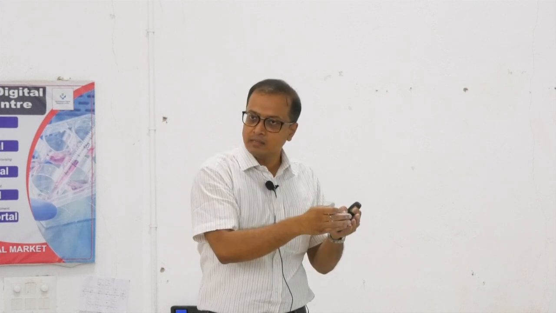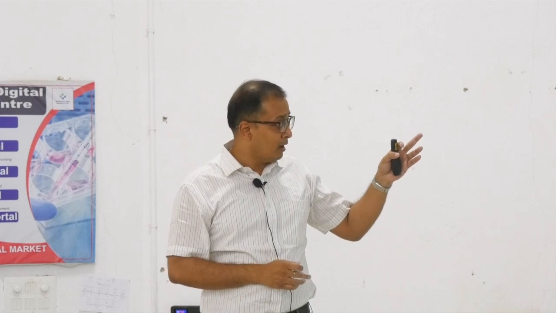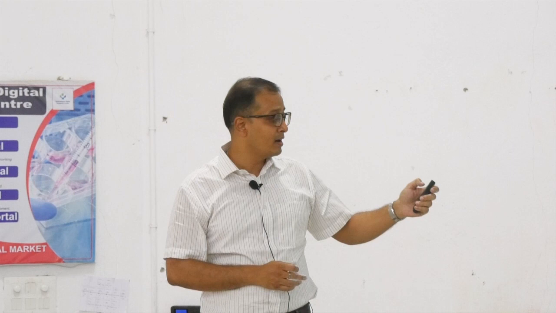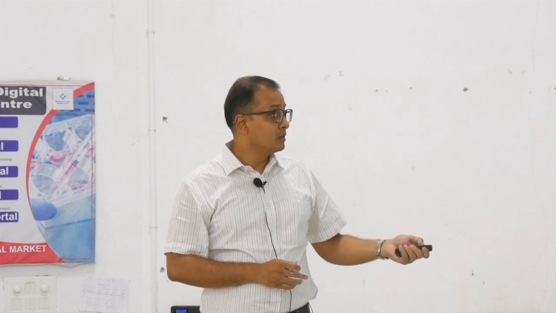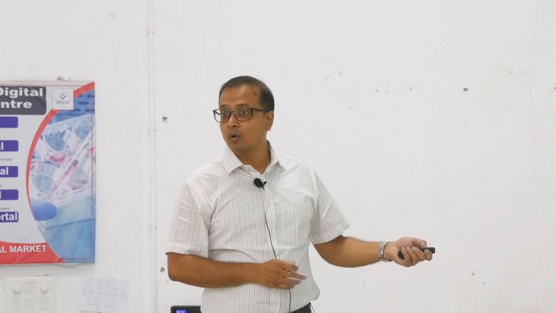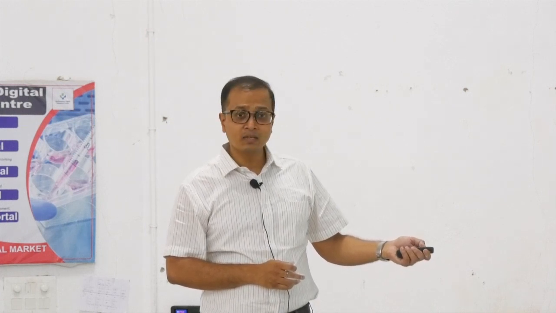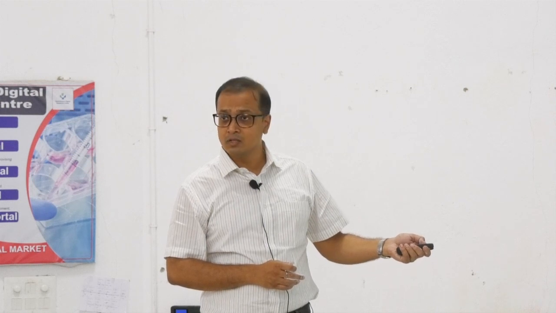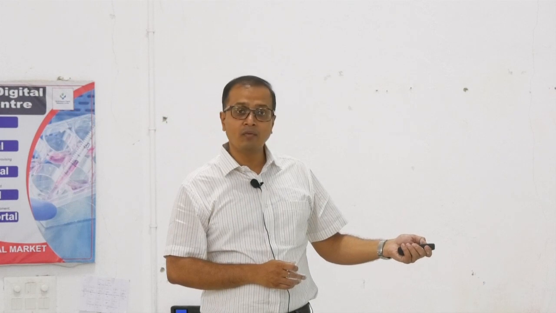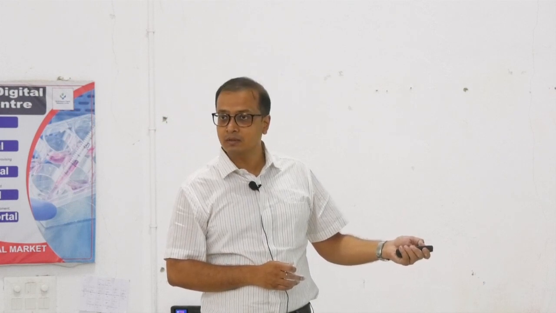One is on the anterior side, one is on the posterior side. The blue one is on the ventral side, and the red one is on the dorsal side, back side, right? The ventral one is growing in the ventral mesogastrium, and the dorsal one is growing in the dorsal mesogastrium.